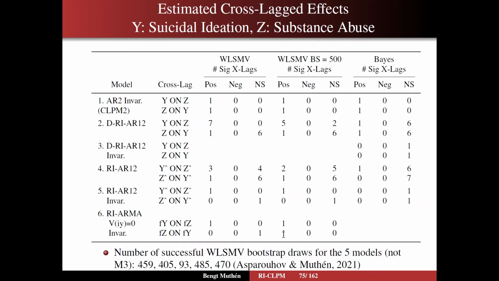Now you also have to recognize that when you do bootstrapping with WSMV for variables that have low prevalence, proportion 0.15 to 0.20, there will be unsuccessful bootstrap draws. So for the 5 models listed here, except for model 3 where we don't do WSMV because it wasn't invariant for WSMV, for 500 draws, the number of successful draws were 459, 405, only 93, 485, 470.